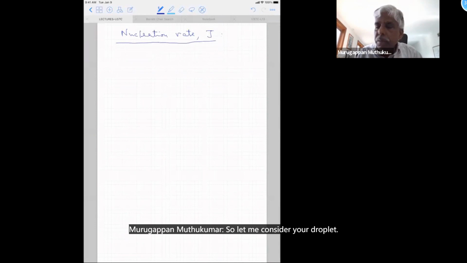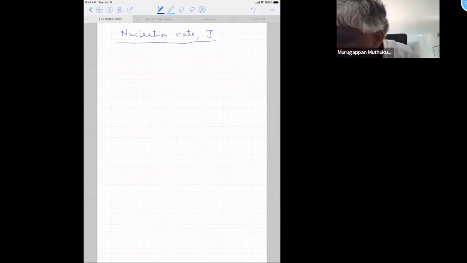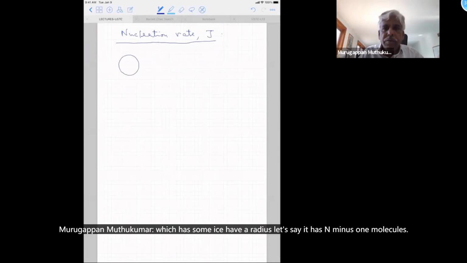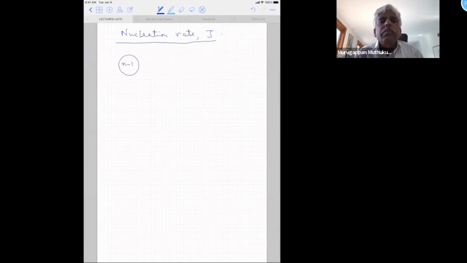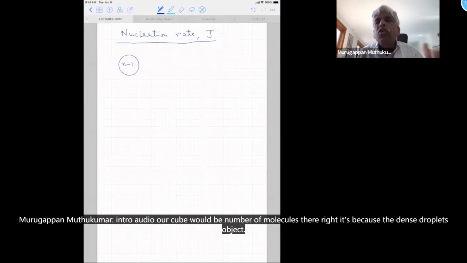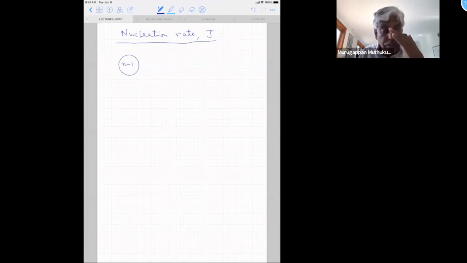Okay. So let me consider a droplet which has some radius. Let's say it has n-1 molecules. Instead of R cubed, it would be the number of molecules, because it's a dense droplet object.